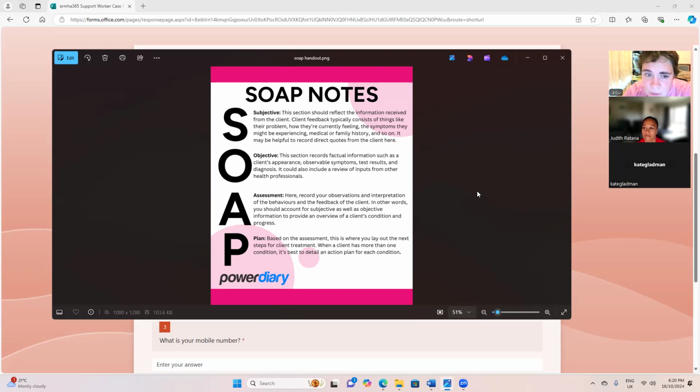In terms of the SOAP note, there are four components. The first one is the subjective, which should reflect the information received from the client. Client feedback typically consists of their problem, how they're currently feeling, the symptoms they might be experiencing, medical or family history, and so on.